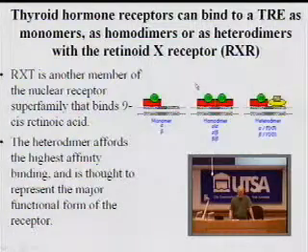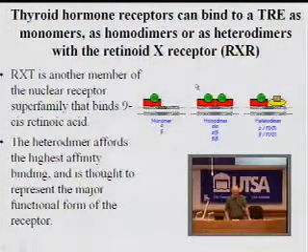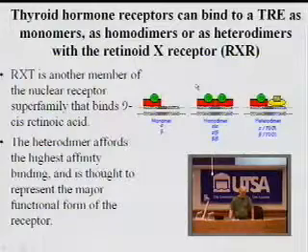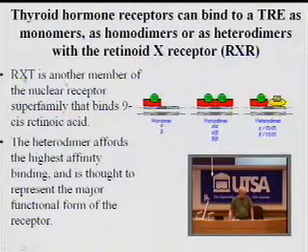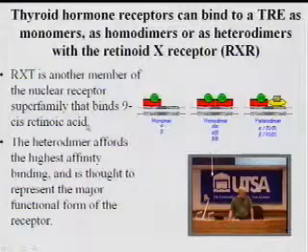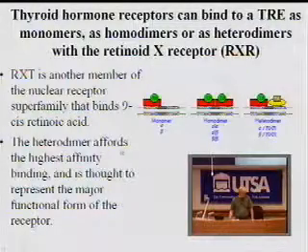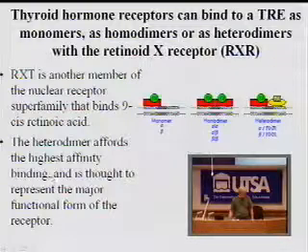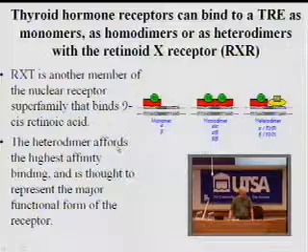This concept was introduced early on when we talked about steroid and thyroid hormone receptors in general. The RXR is another member of the nuclear receptor superfamily that binds 9-cis-retinoic acid, and the heterodimer affords the highest affinity binding and is thought to represent the major functional form of the thyroid receptor.